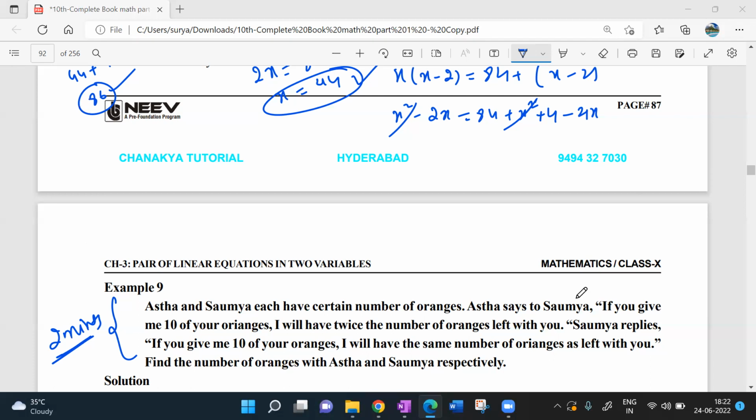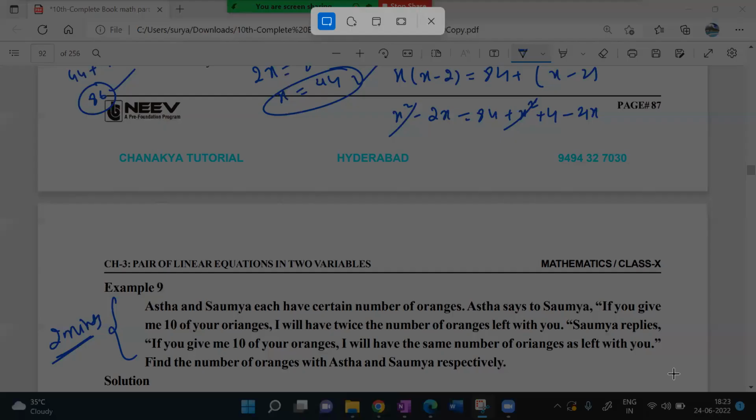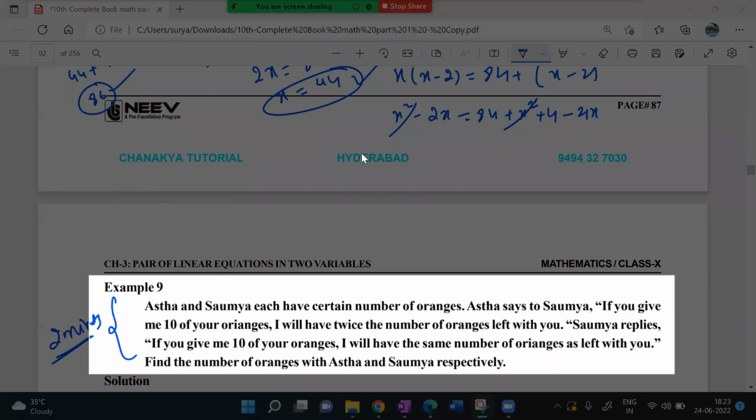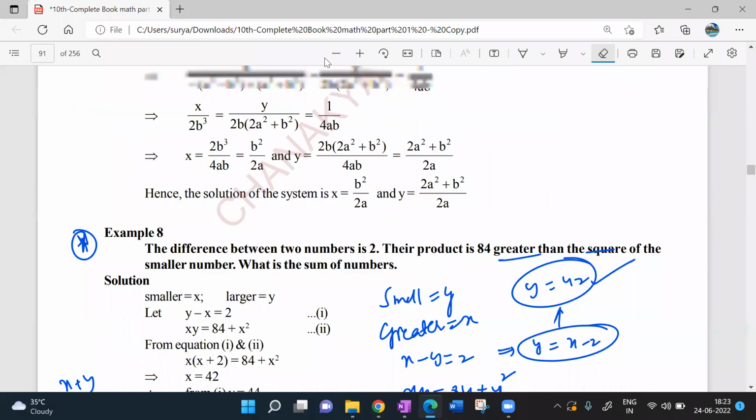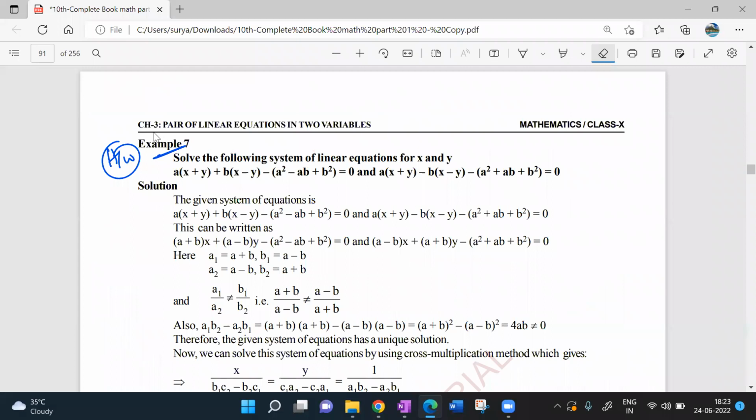Okay, I think we cannot write here. What we do is, I'll just paste all this.